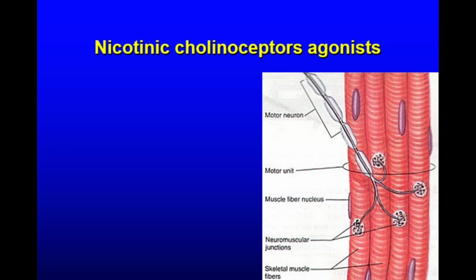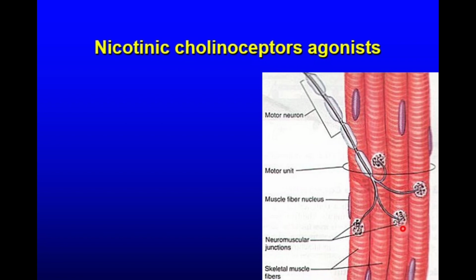We start with the pharmacology of nicotinic cholinoceptors of skeletal muscle. Skeletal muscles are innervated by alpha motor neurons. Each muscle cell forms only one contact with a branch of a motor neuron.